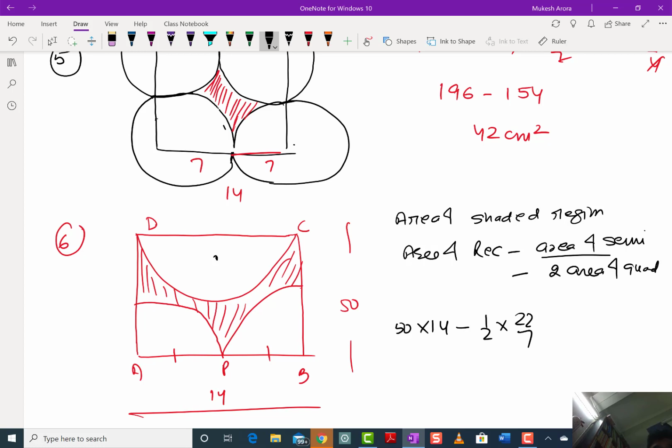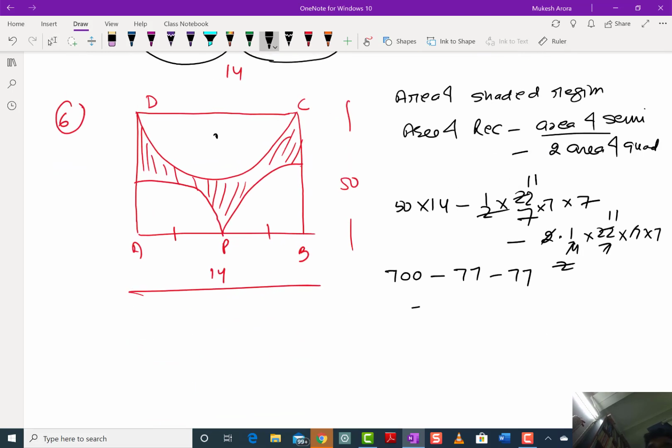R is 7 into 7 minus 2 into 1 by 4 into 22 by 7 into 7 into 7. 50 into 14 is 700. This is cancelled, this is cancelled. 77. This is cancelled, this is 11, this is cancelled. 77. So 700 minus 154 is equal to 546 centimeters square.